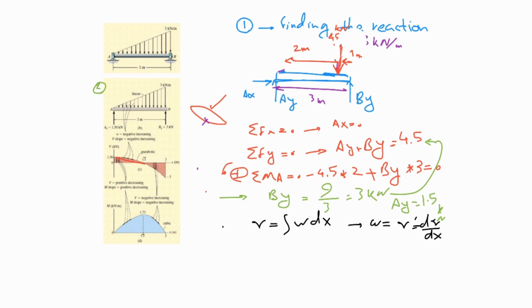It's the differentiation of V. Again, M is the integral of V, and we can say V, the magnitude of V, is M prime, or the derivative of M with respect to x. These are derivatives, and these are the magnitudes.